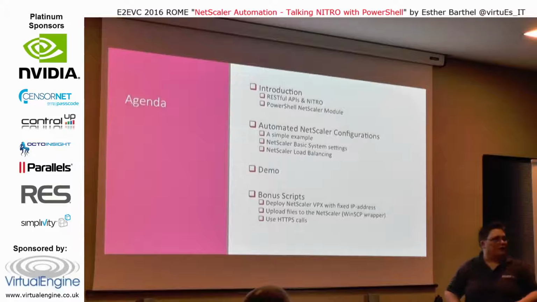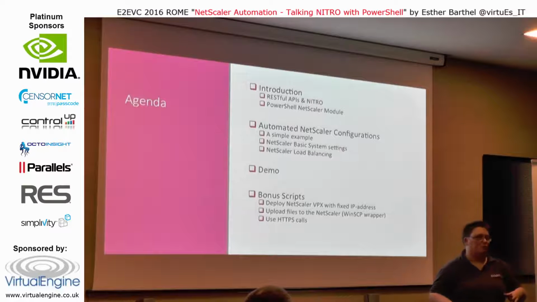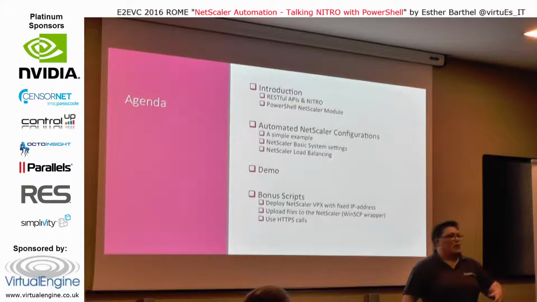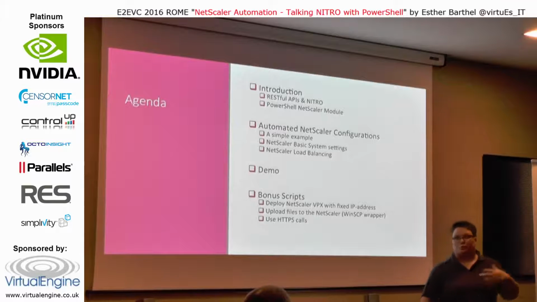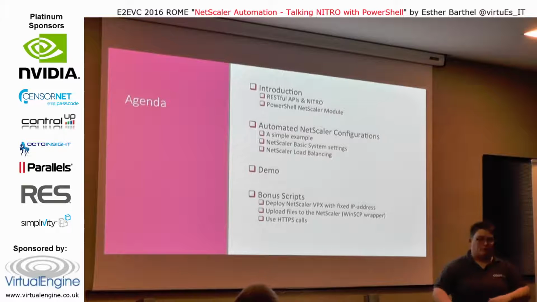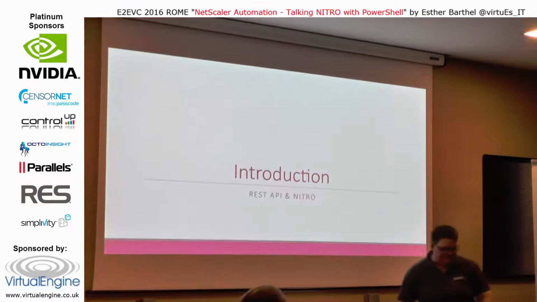Particularly, I decided to include a small introduction on NITRO and REST API in the presentation. And after that, I will zoom in to the PowerShell module, the options it has, try to deliver a very cool demo, and if Claire doesn't cut me off, we'll be able to get to the bonus material. I'll show you some additional discoveries that I did geeking out with my PowerShell module.